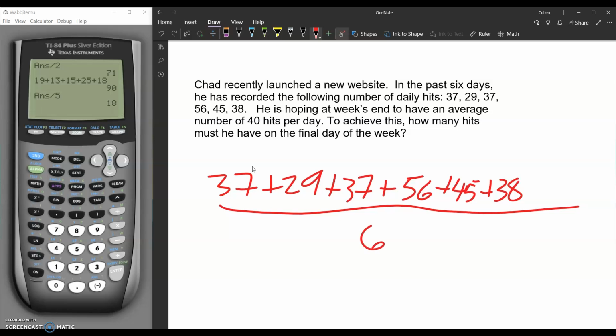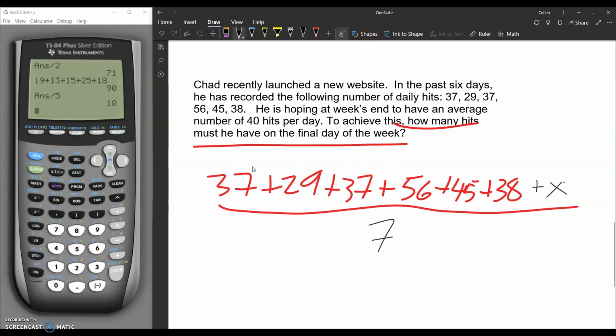What we're going to do is we're going to average in the last day, because it wants to know how many he must have on the final day of the week. So we're going to add in the final day that we don't know as x, as the variable, so plus x. And since we're including that in the average, we're actually going to divide by 7 to account for that number.